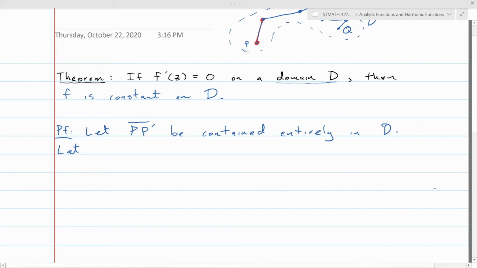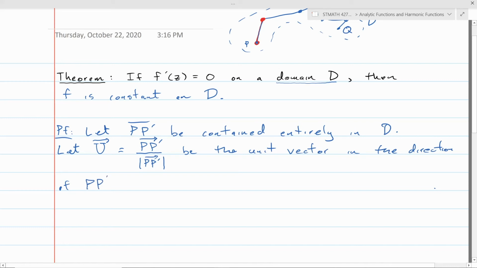I don't want to use little u or little v, so let me use capital U. Let capital U be the vector P prime divided by the magnitude of that vector. So U is a unit vector in the direction of P prime.